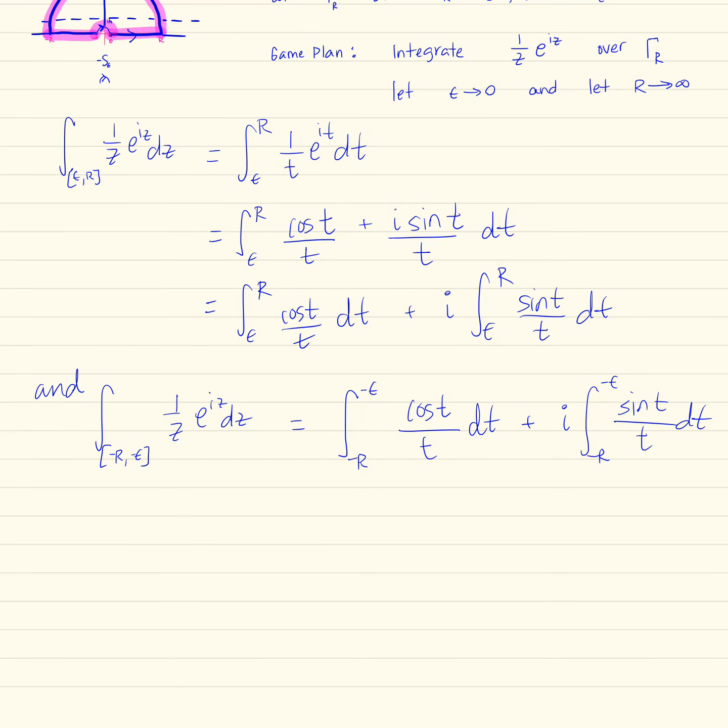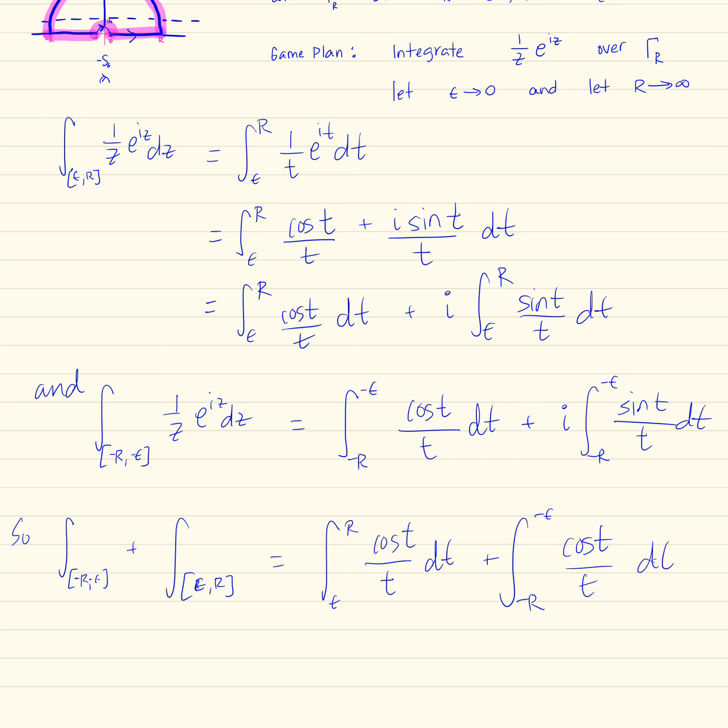Here's the kicker. If I integrate from negative r to negative epsilon plus integrate from epsilon to r, I'm going to get the integral from epsilon to r of cosine t over t dt, plus the integral from negative r to negative epsilon of cosine t over t dt, plus i times the integral from epsilon to r of sine t over t dt, plus the integral from negative r to negative epsilon of sine t over t dt, right?